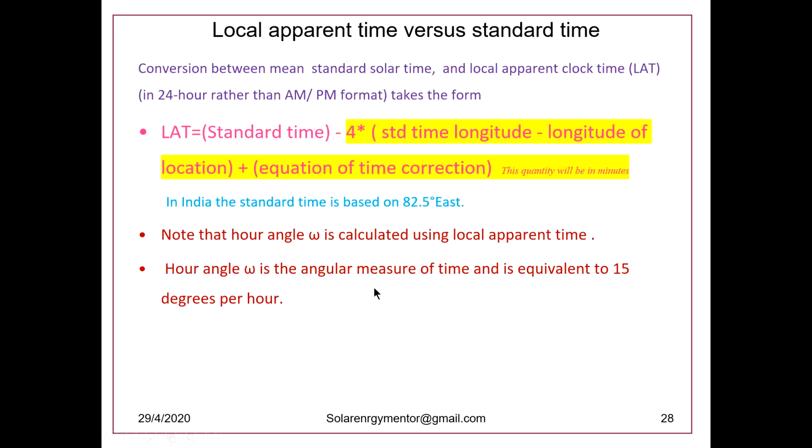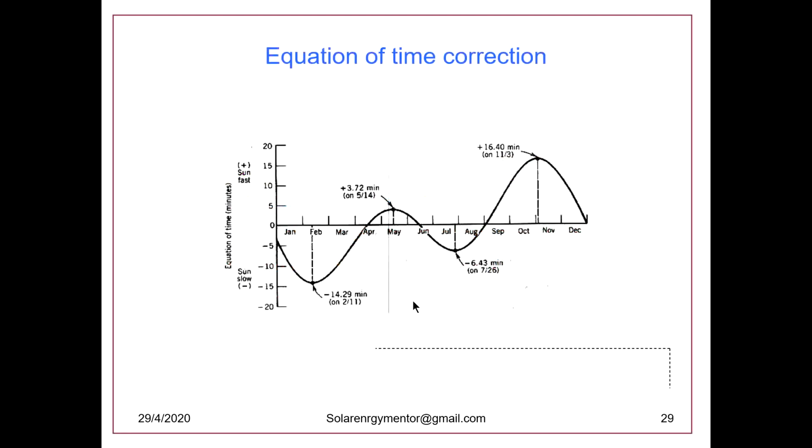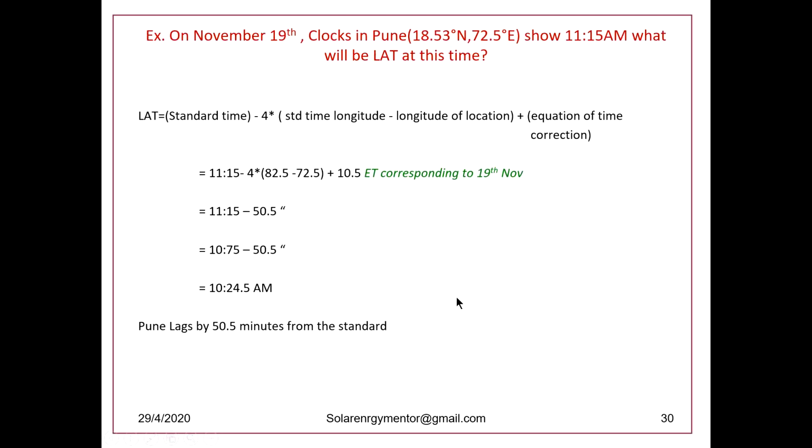Now what is the use of this LAT? From LAT we can calculate omega, that is our hour angle. The hour angle is a measure of time and is equivalent to 15 degrees per hour, that we will see. So this is the equation of time correction characteristic which can be read. We'll take an example. For example, on November 19th, clocks in Pune show 11:15 am.